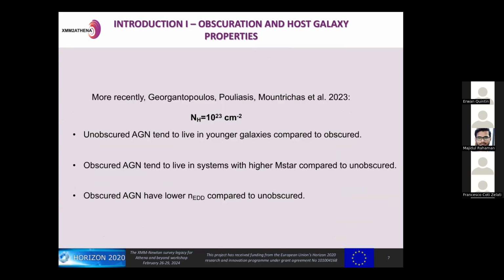Basically, in this paper with Ioannis and Hectoras, we used sources in the Cosmos field, and we cross-matched them with the legacy catalog that has information regarding the various spectral indices.